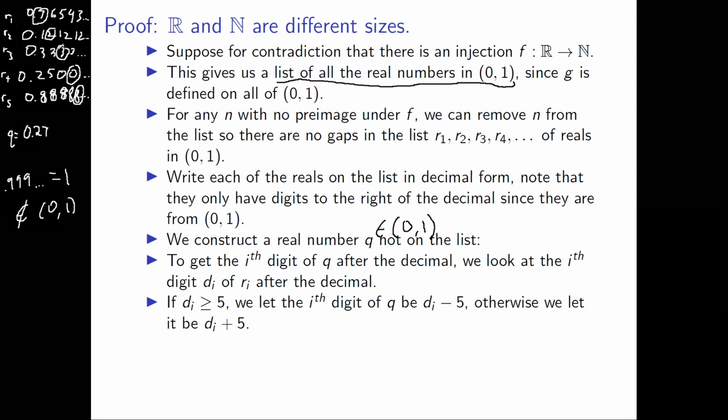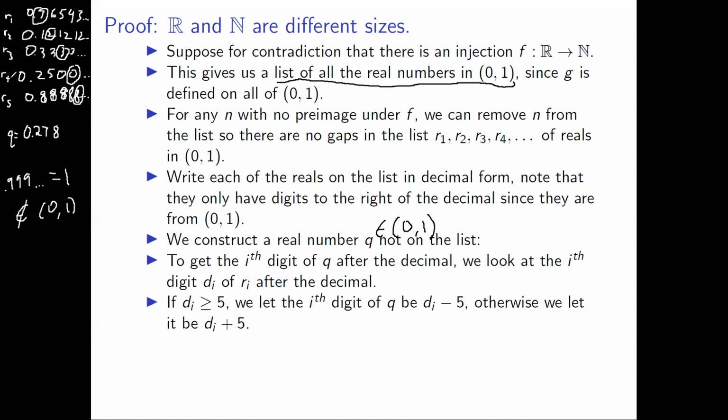Now we look at the third digit of R3, this 3 right here. That means D3 equals 3, and that means that D3 is less than 5. So the third digit of Q after the decimal is going to be D3 plus 5, which will be 8. Then we go on to R4. R4, the fourth digit after the decimal is 0.